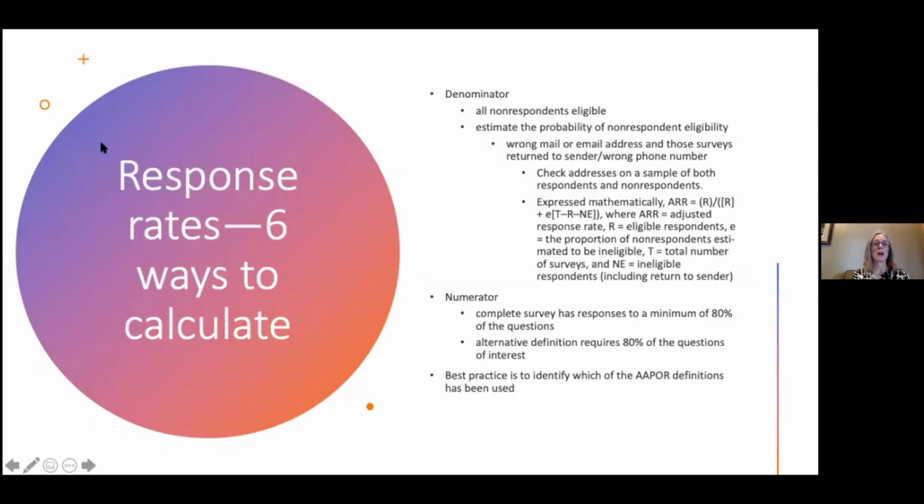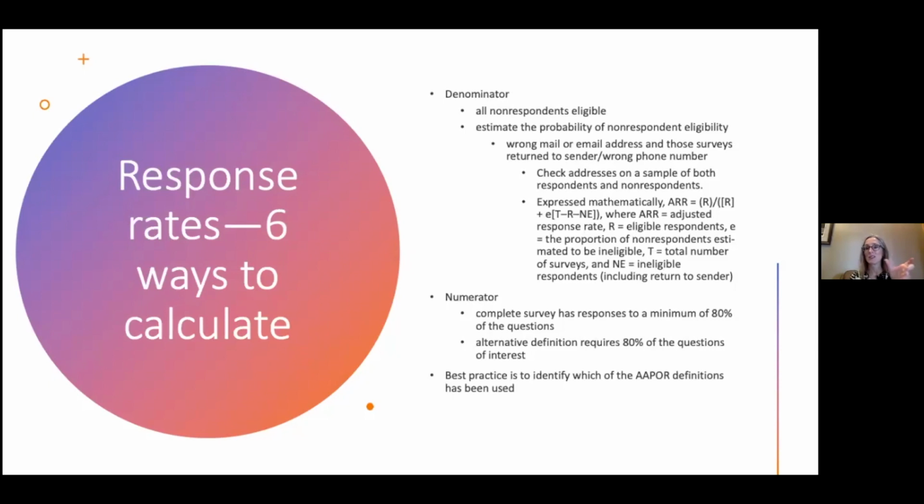So there are 6 ways to calculate response rates, according to the American Association of Public Opinion Research, AAPOR. It's responders over non-responders.